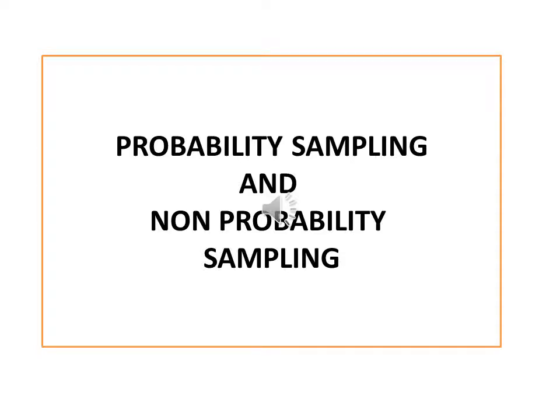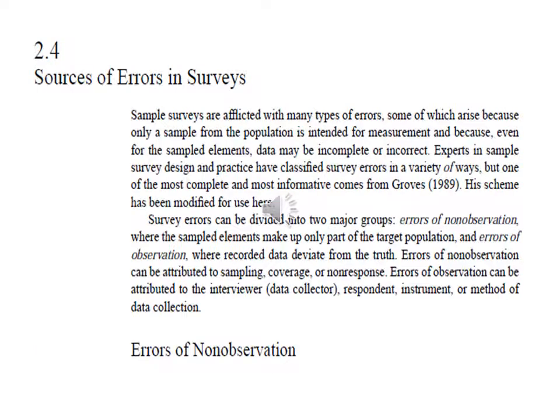Now, everybody must know what the sources of errors in surveys are. Survey results must contain many errors. What is the source of these errors? What is the cause of these errors? You can also go back to your reference and read more information about the sources of errors in surveys.